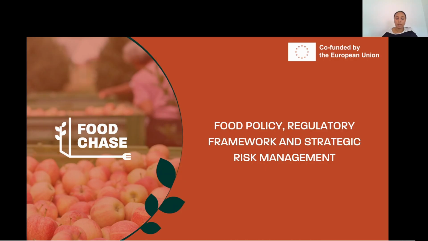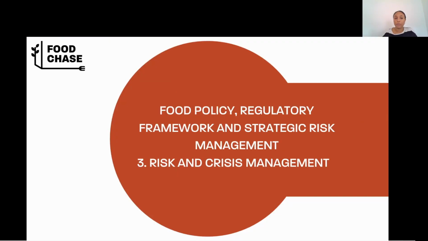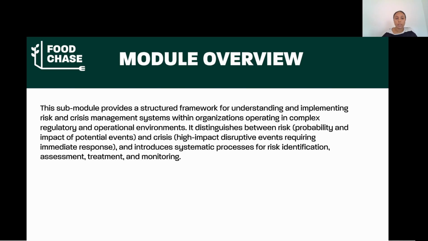Welcome to the third submodule in the Food Policy Regulatory Framework and Strategic Risk Management subunit. And this is on risk and crisis management. This submodule provides a structured framework for understanding and implementing risk and crisis management systems within organizations operating in complex regulatory and operational environments.